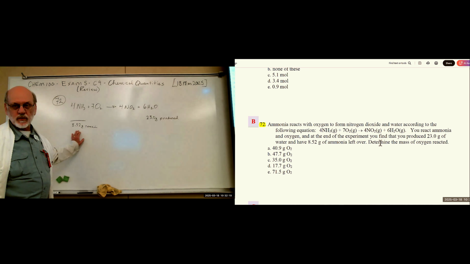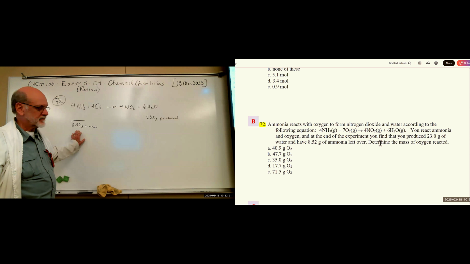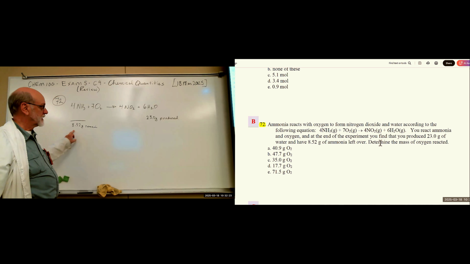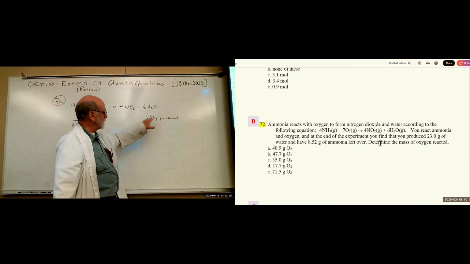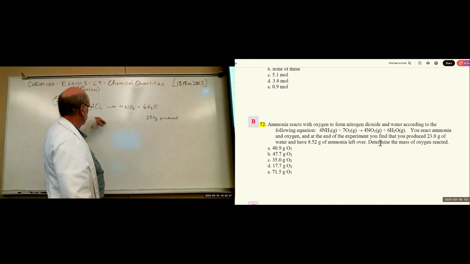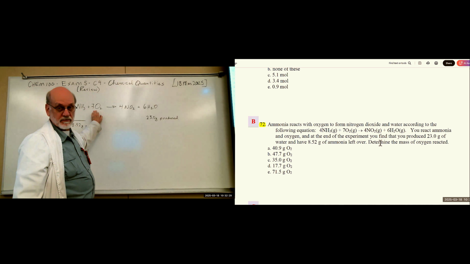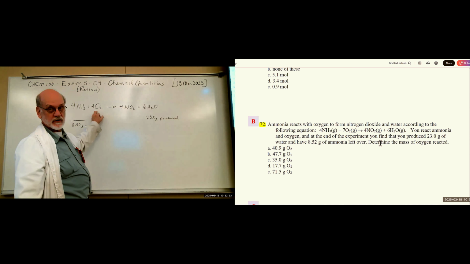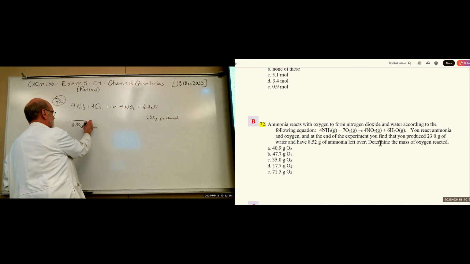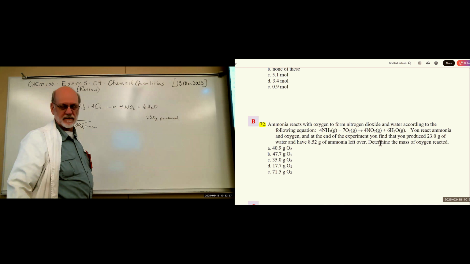This is what we call blue smoke. You don't need to know that. All you need to do is convert this to moles, find out how much oxygen in moles that is, and convert moles back into grams for oxygen. This is superfluous.